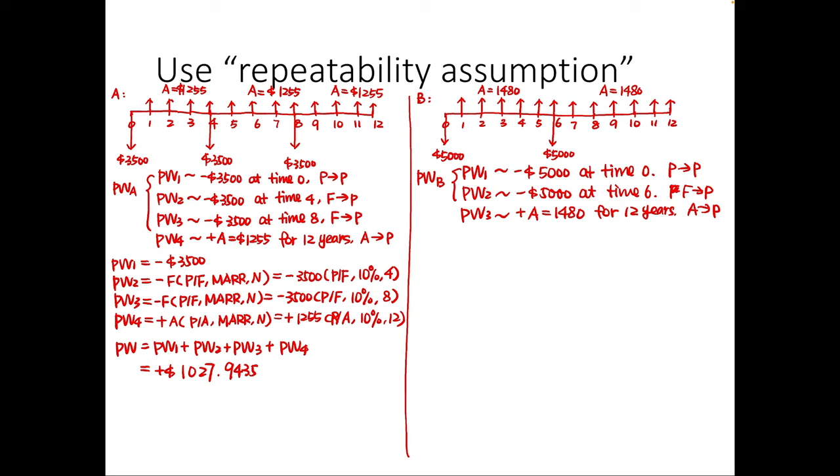So it's to convert annuity to present worth. And then you need to calculate what is PW1, what is PW2, what is PW3.